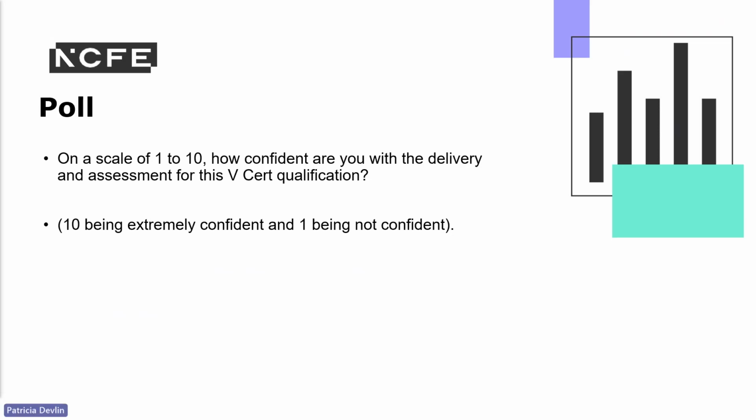And it looks like we've almost got a split between 5 and 6 and 7 and 8. So hopefully by the end of this session, you'll be feeling more knowledgeable and confident about the delivery, assessment and quality assurance of the Cert qualification, and we might get you up to 7s and 8s and 9 to 10s. Thanks everyone for completing.